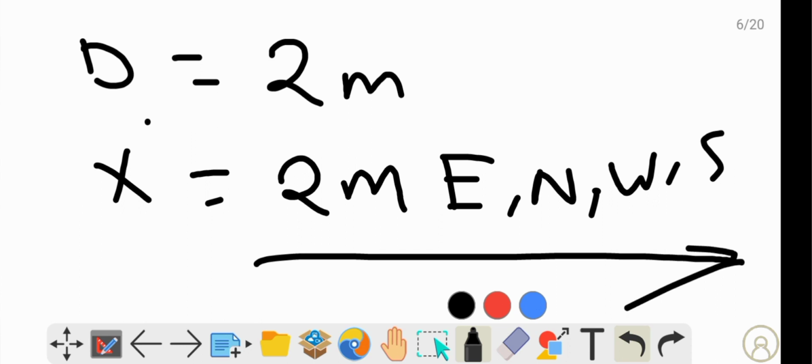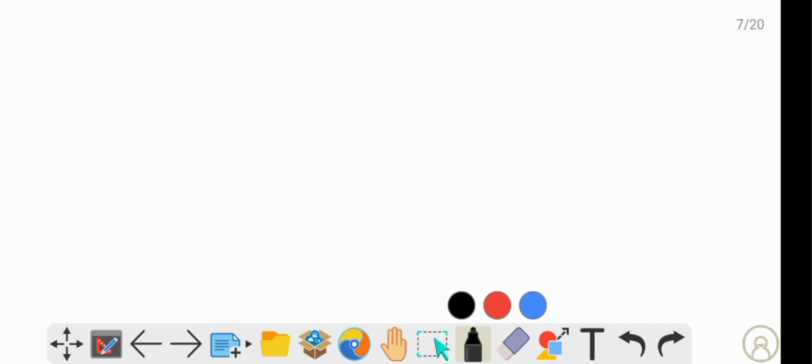So that's basically the difference between distance and displacement. Otherwise, they are both measured in meters, and to some extent, the formula is used interchangeably.